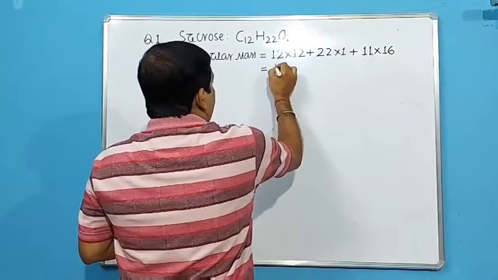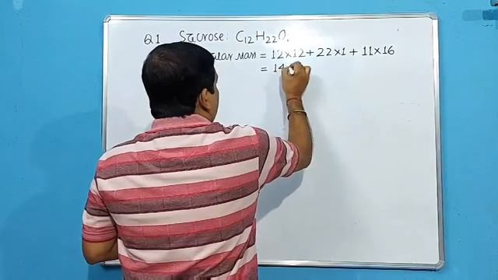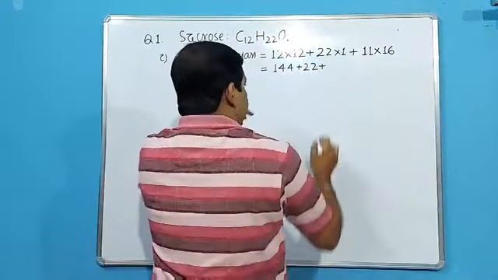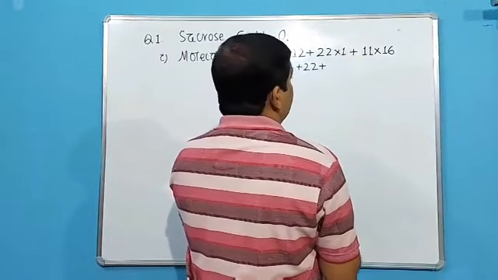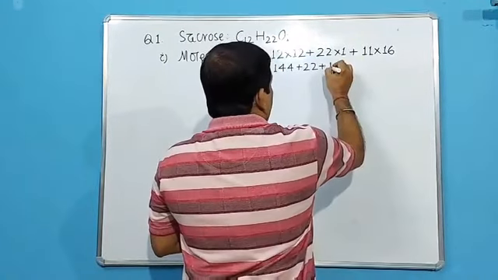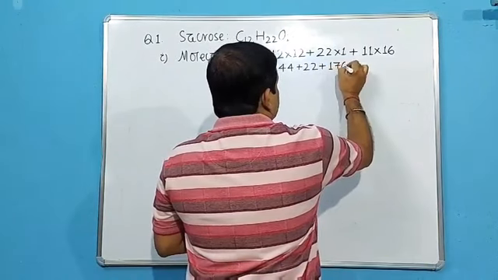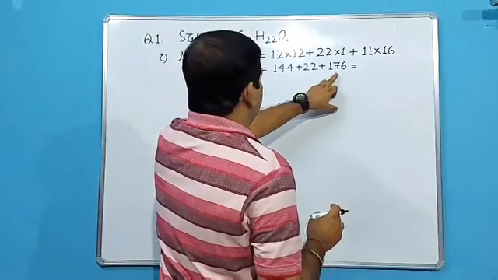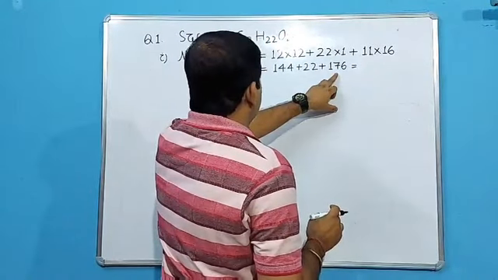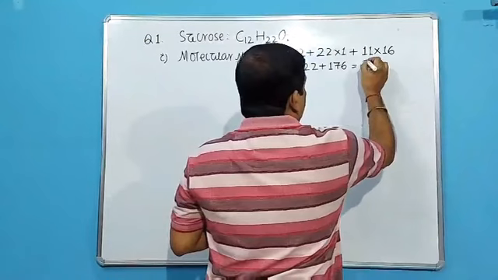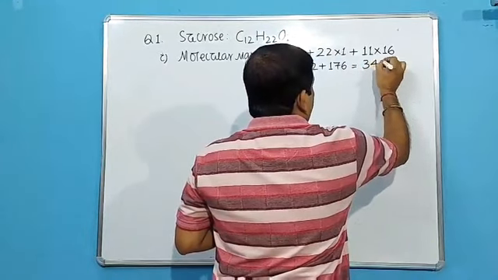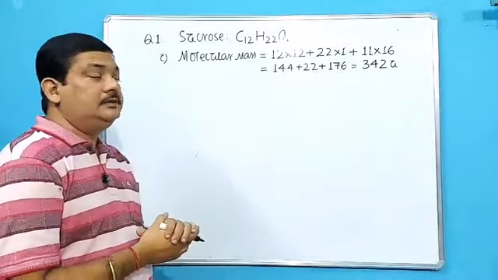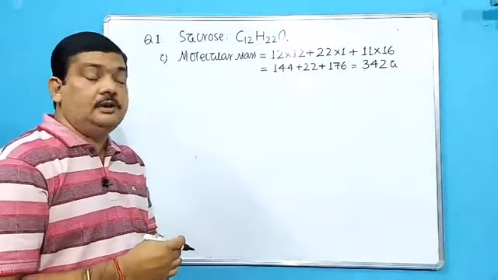So it will be 144 plus 22 plus 176, which gives 342. So the molecular mass of sucrose will be 342 U, or you can write 342 Dalton.